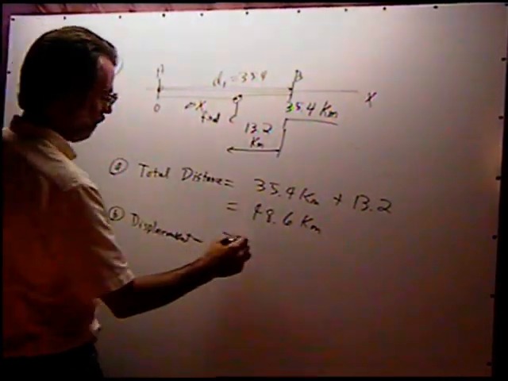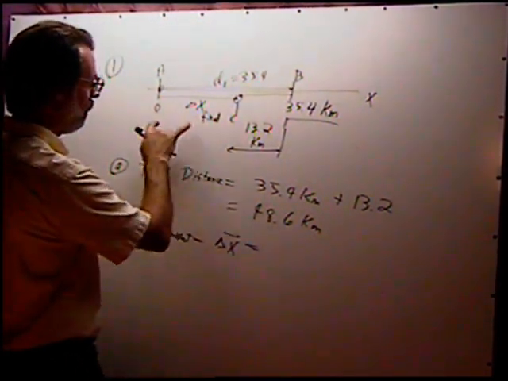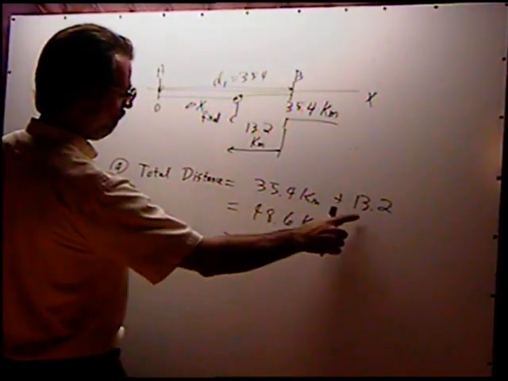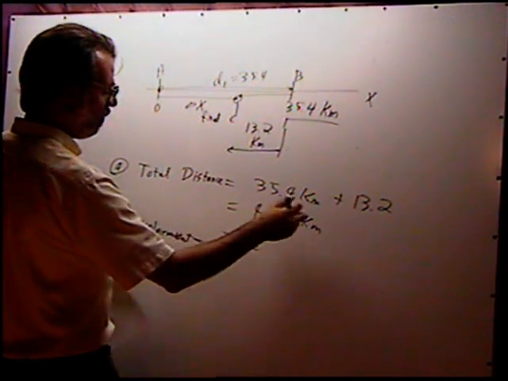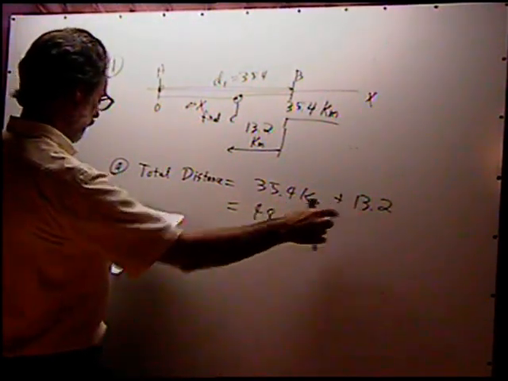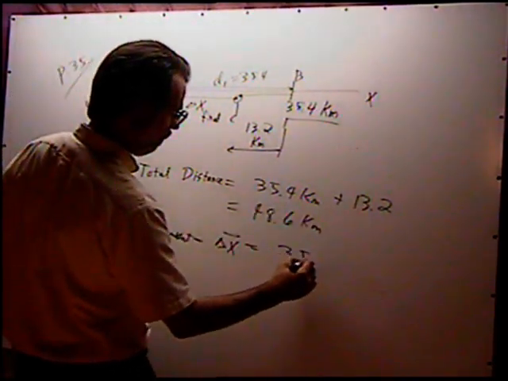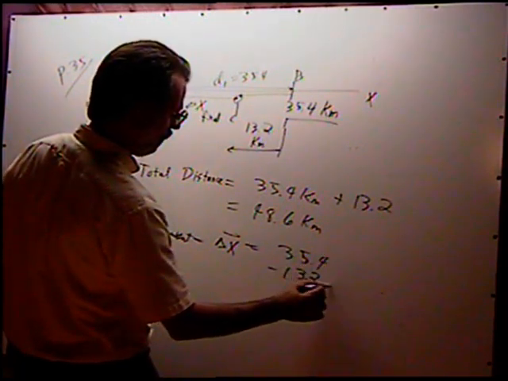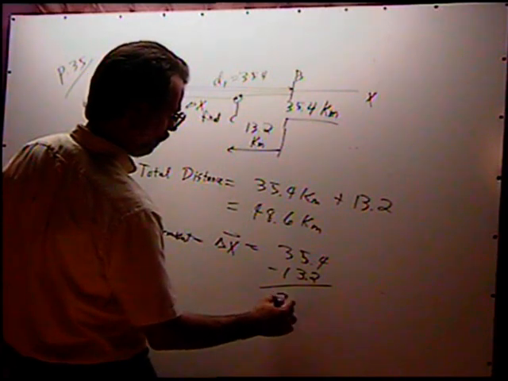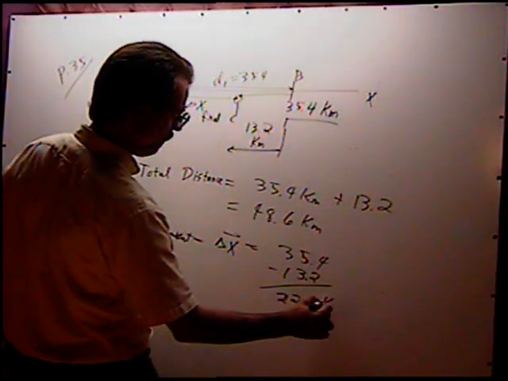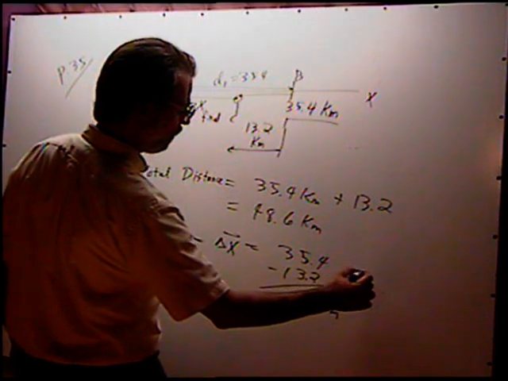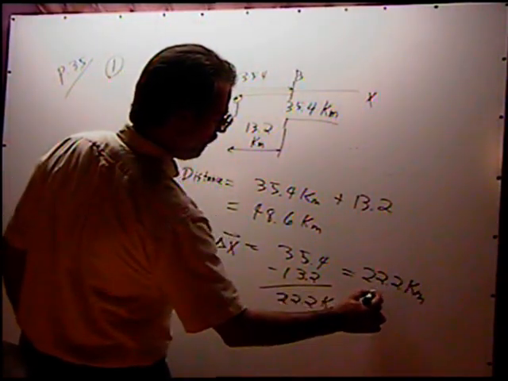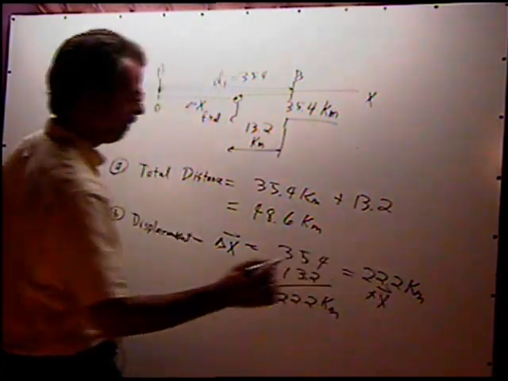The final displacement is this distance here. It would be the difference between 35.4 and here. So 35.4 minus 13.2, that's 22.2 kilometers. So the displacement is 22.2 kilometers in the plus x direction.